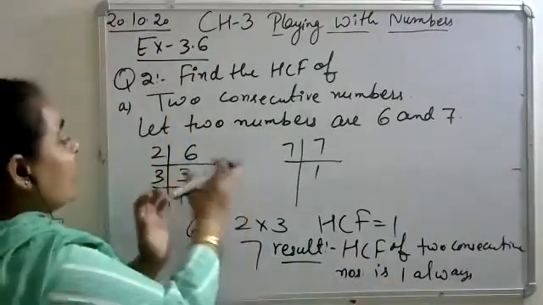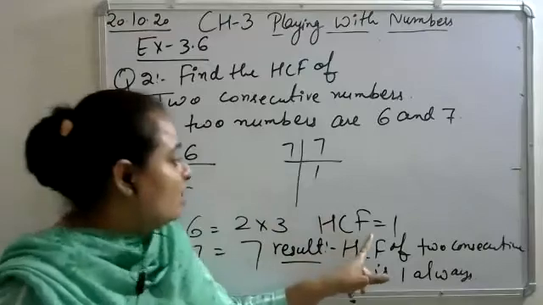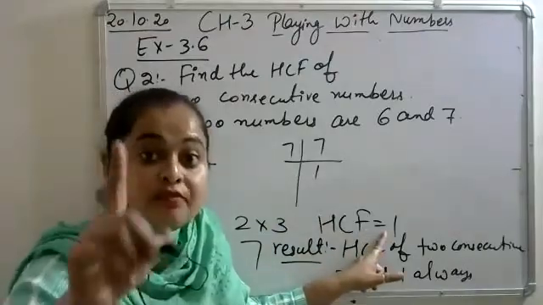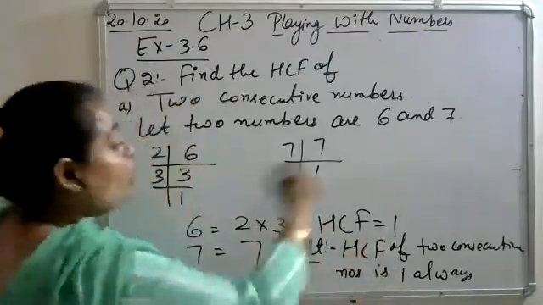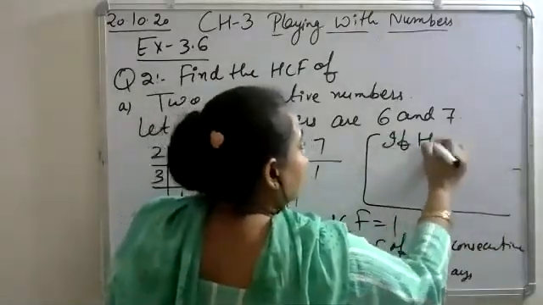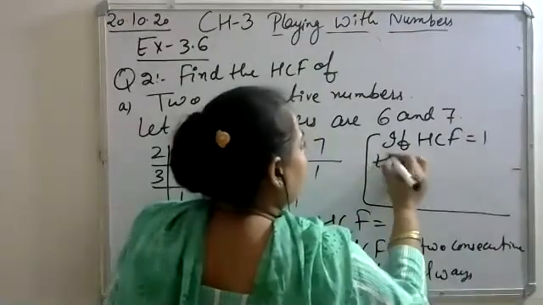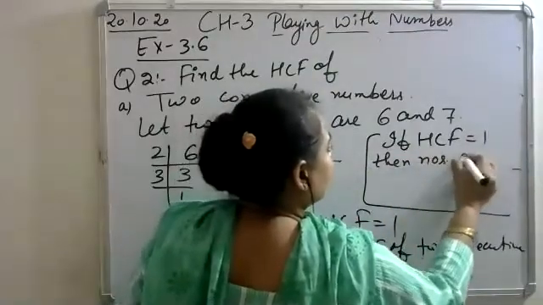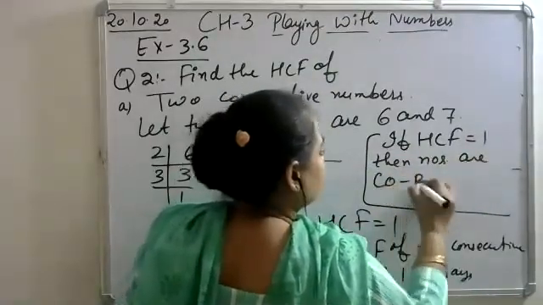And these kind of numbers in which highest common factor is 1 are also known as co-prime numbers. If HCF is 1, then the numbers are co-prime.